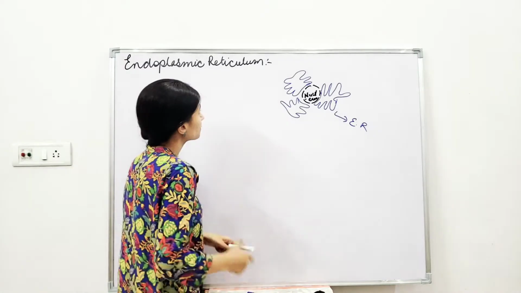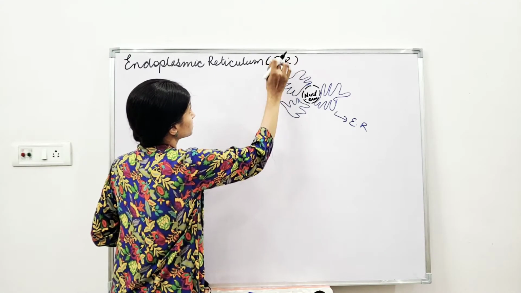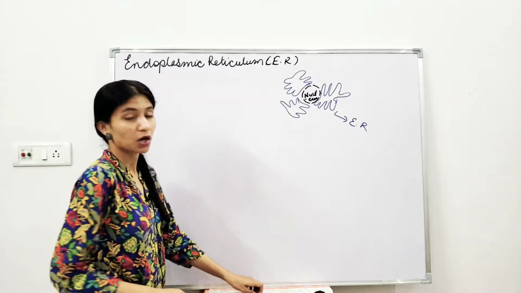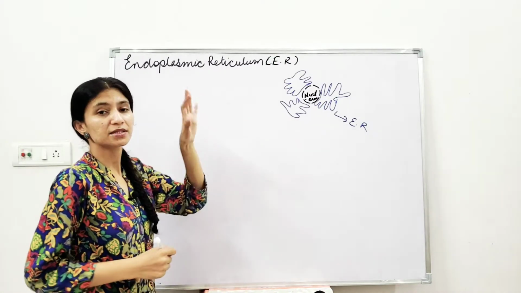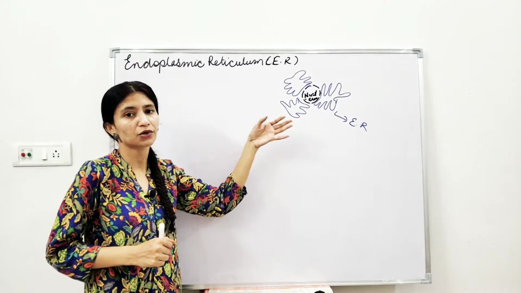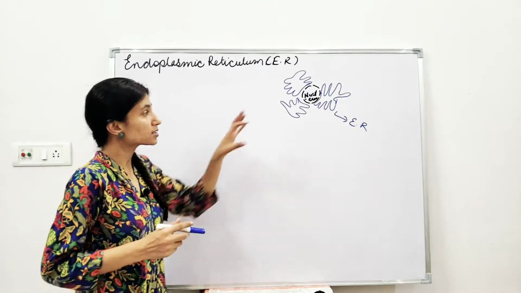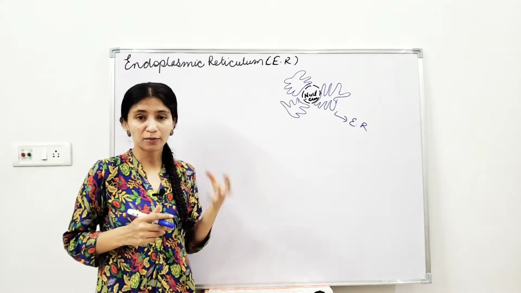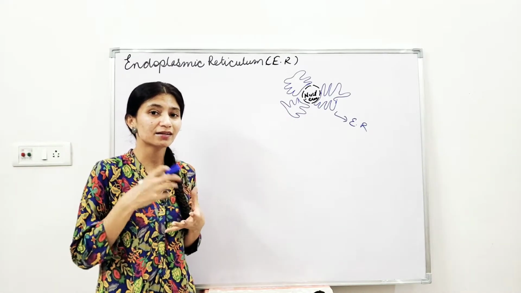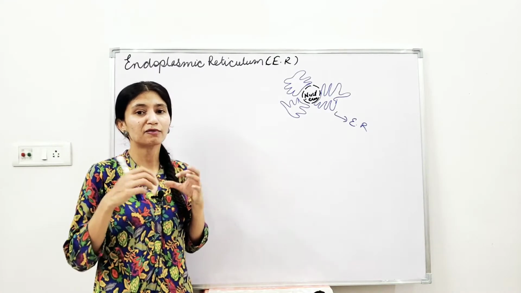This endoplasmic reticulum is also termed ER, in short form. The endoplasmic reticulum was not discovered until the electron microscope came into existence, because the structures inside the cell were not visible clearly without the help of an advanced microscope.